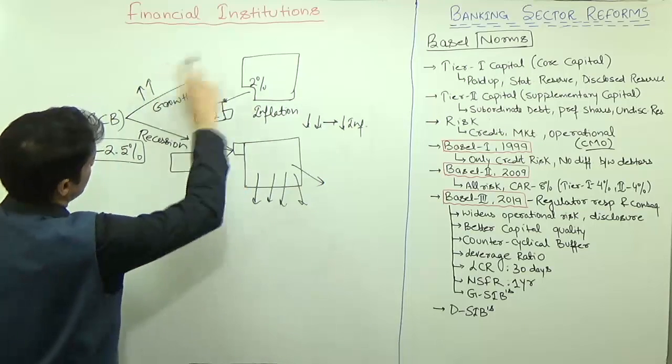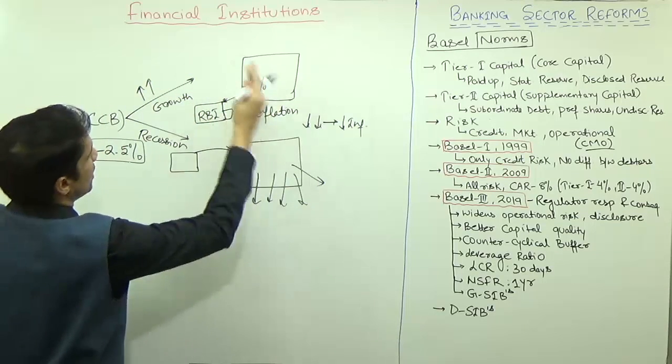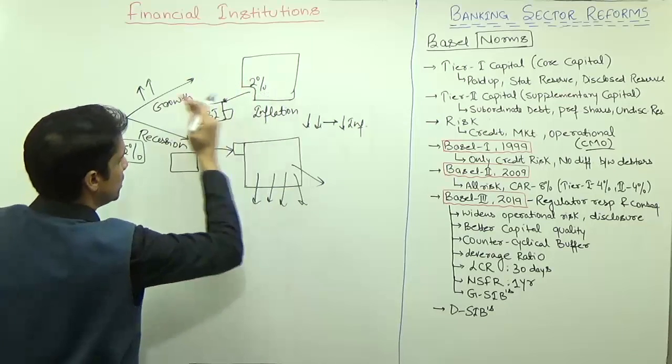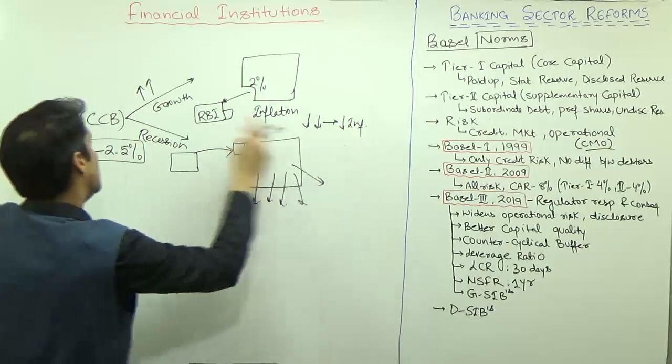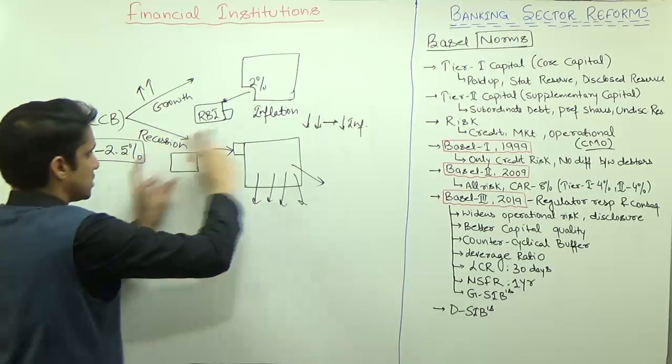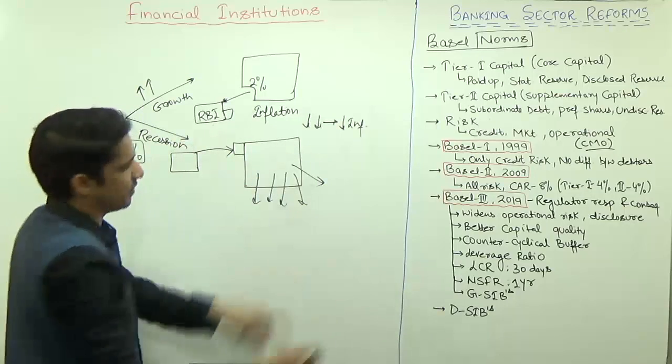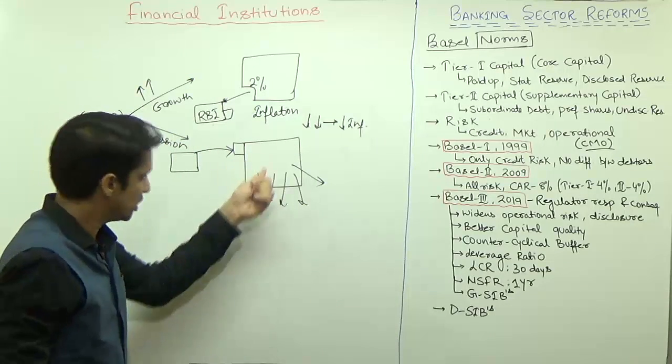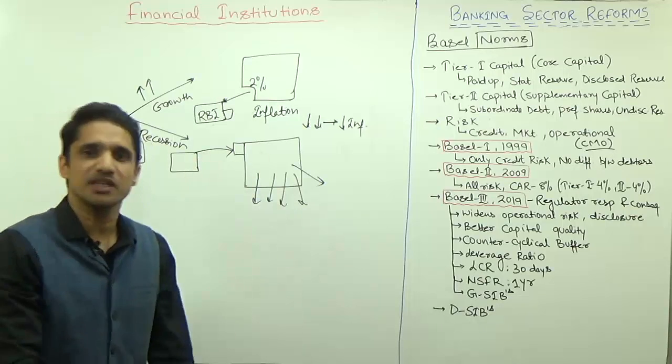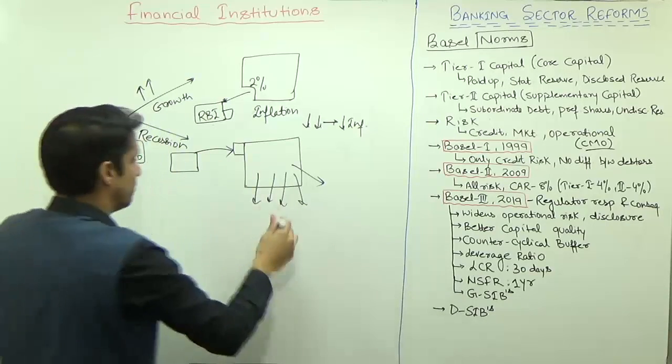So during growth time you will remove this extra liquidity to curb the inflation, and during the time of recession this extra liquidity can be injected from the central bank so that more and more lending will take place, and that can look after the impact of recession.